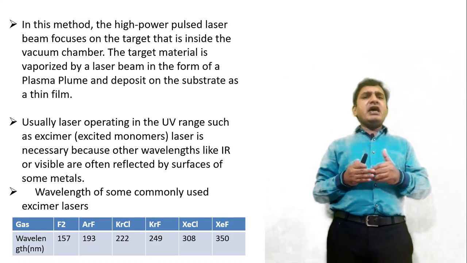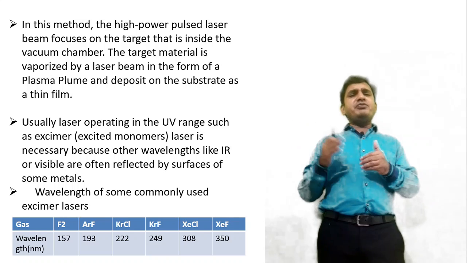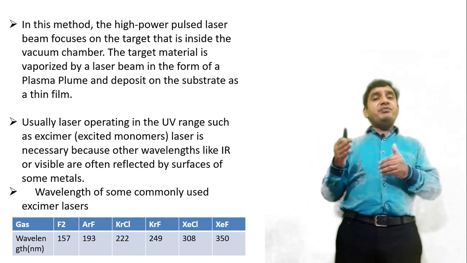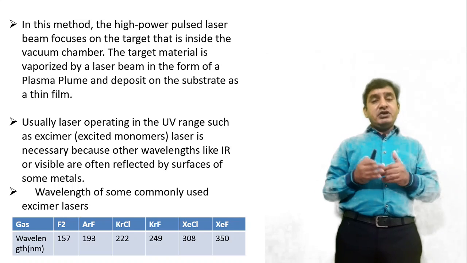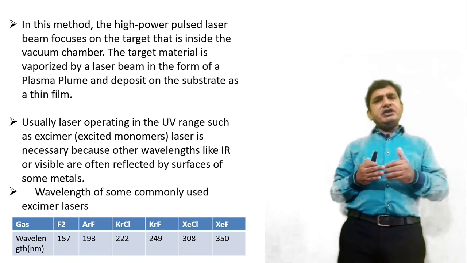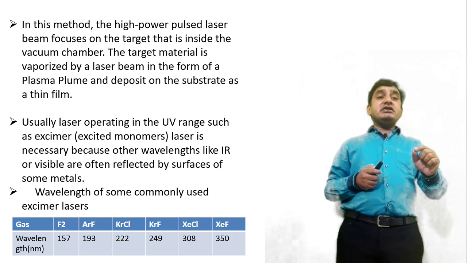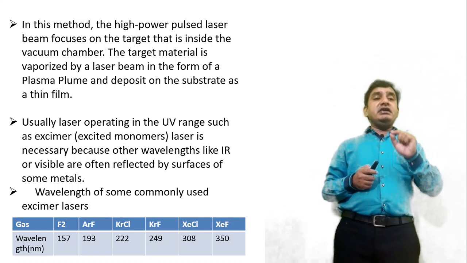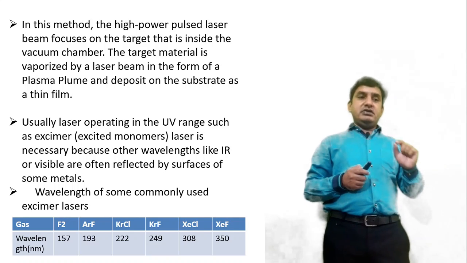Visible light has a wavelength greater than 300 nanometer, up to 750 nanometer or simply 800 nanometer. Above 800 nanometer there is infrared. Here the laser operating is in the ultraviolet region.